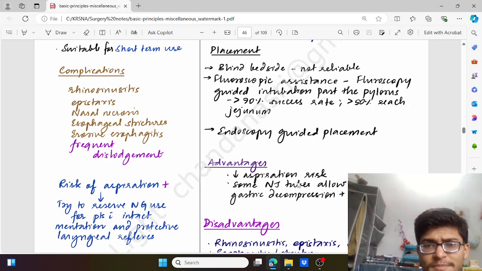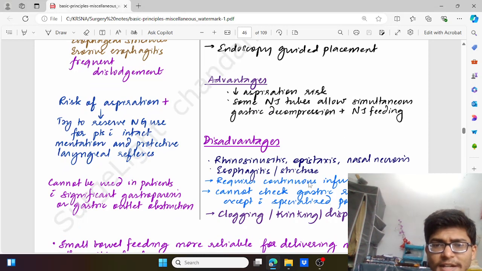Advantages: decreased aspiration risk. It will also allow for gastric decompression along with nasojejunal feeding. Disadvantages are similar: rhinosinusitis, epistaxis, nasal necrosis, esophagitis, stricture. Importantly, it requires continuous infusion, and we cannot check the gastric residual unless we have a special port.